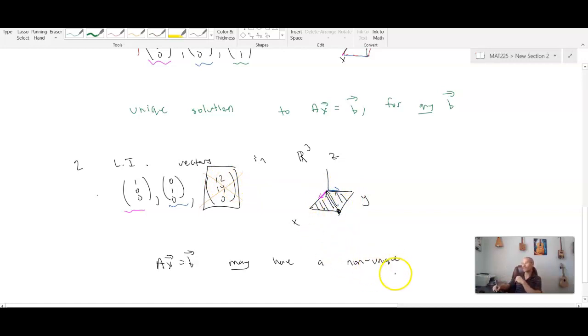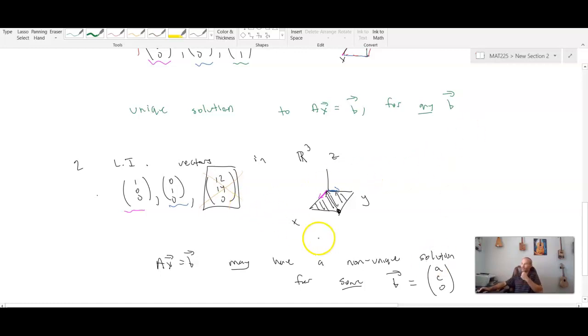So we may have a non-unique solution for some b, where b is equal to some multiple. We'll just say that this is a c0. So I can make it to any location where there's an x and y component, but where there's a 0 z component.